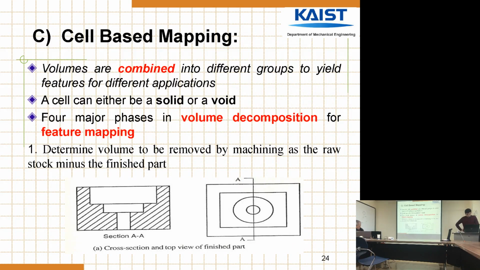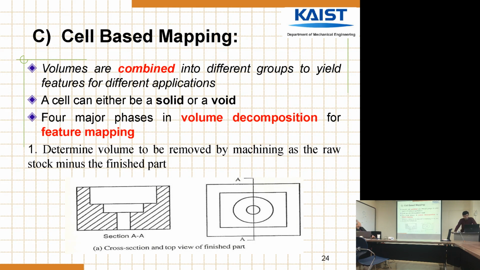Next is cell-based mapping. We also saw that in automatic feature recognition we had one type of machining region recognition, and in machining region recognition we had this cell decomposition technique. Actually the decomposition here is the same, but the difference is that the volume decomposition here is also taking advantage of some feature information in the input model as well.